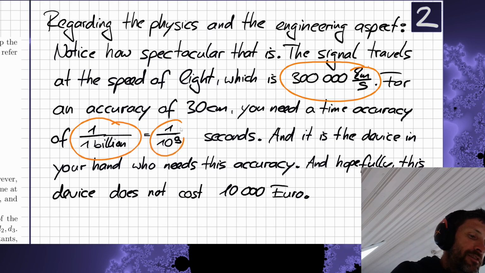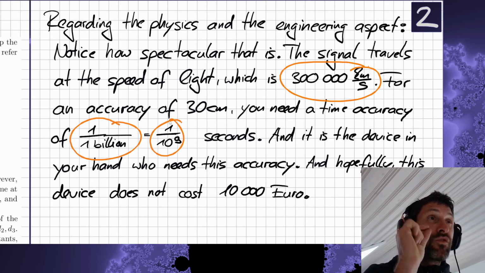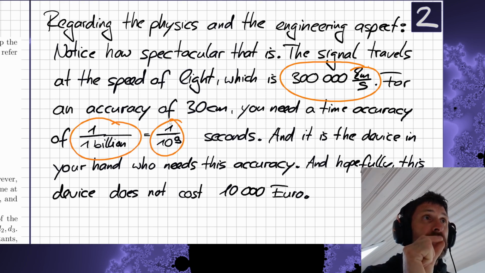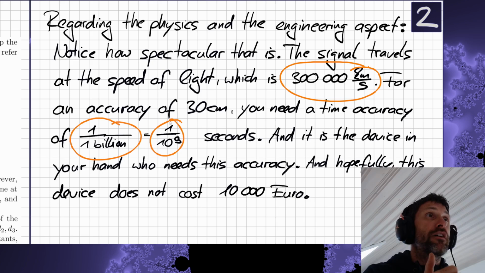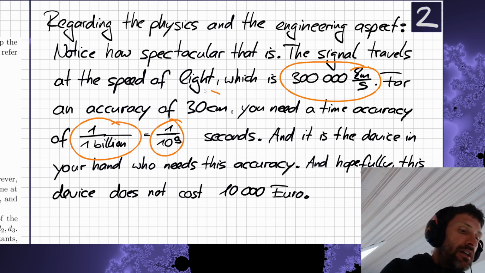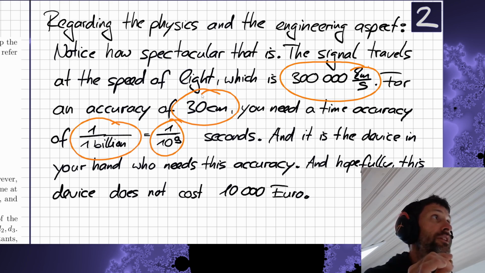I definitely wanted to write it in that way. But we need this accuracy, and if we have this accuracy taking the time when we receive the signal, then our position has an accuracy of 30 centimeters. And that's what we want to have.